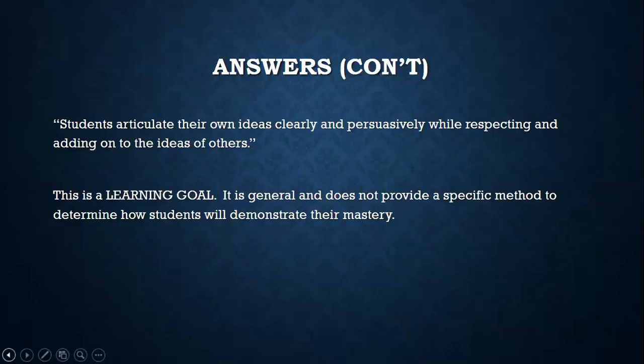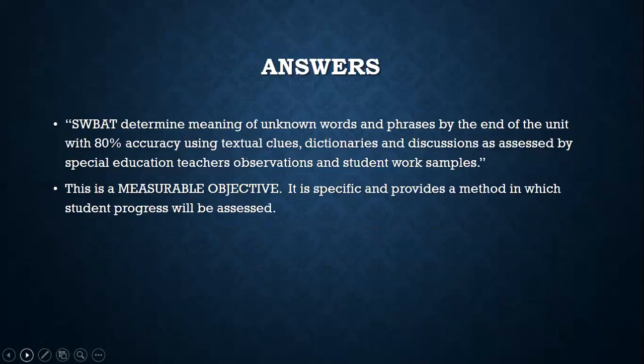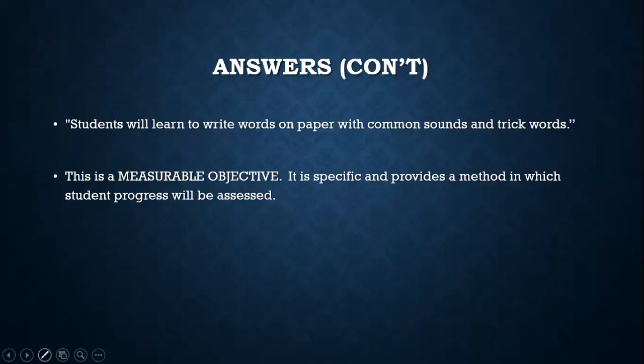Very good. And our final one: Students will learn to write words on paper with common sounds and trick words. Although this does sound like a learning goal, because it is specific, it is a measurable objective.